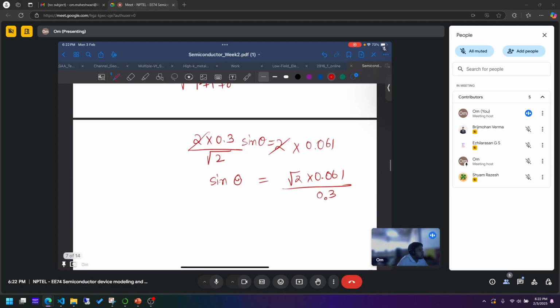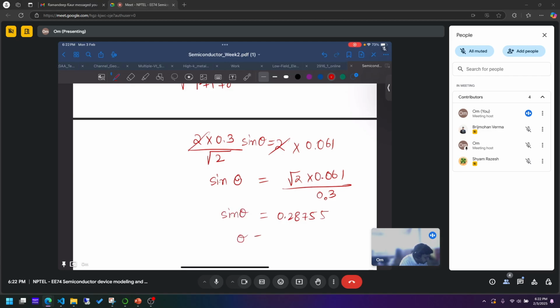So what is its value? It is 0.28755. Theta is sine inverse 0.28755, and it is around 16.711 degrees.